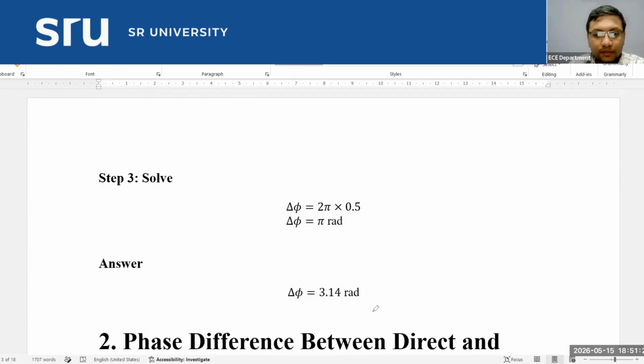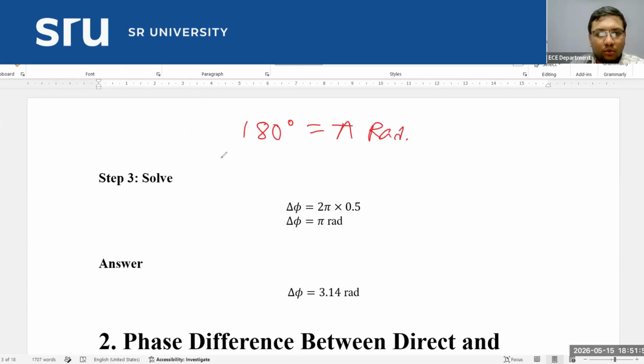So what is the relationship between radian and degree? 180 degree is equal to pi radian.